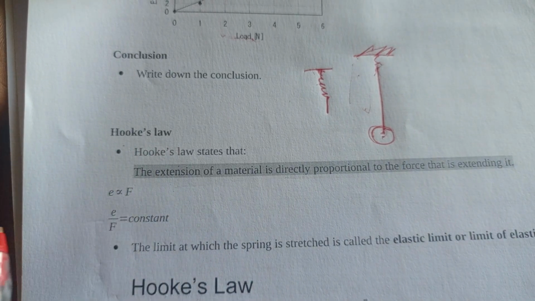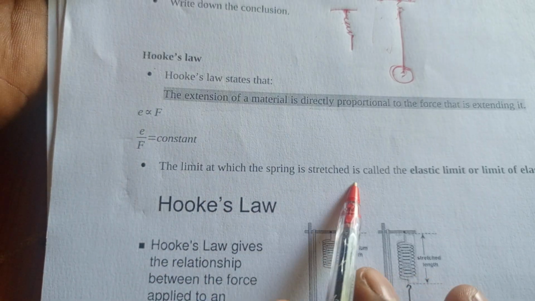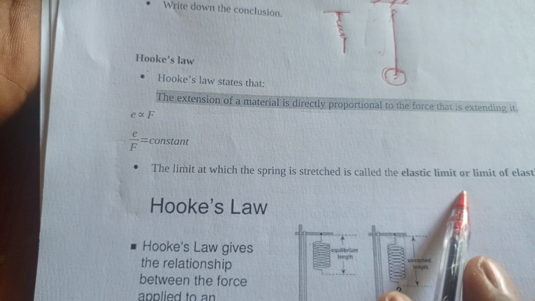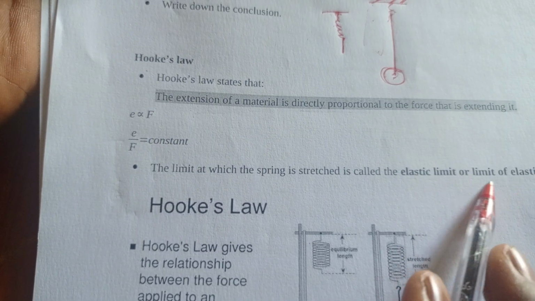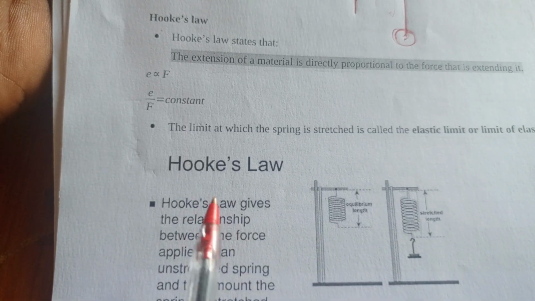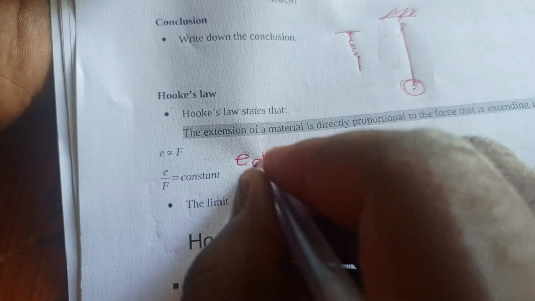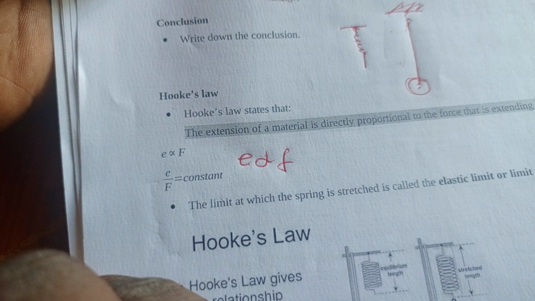So this Hooke's law, you need to know it, and the limit at which the spring is stretched is called the elastic limit or limit of elasticity. So pay attention to these things. Apart from that, we're saying that extension is directly proportional to the force, provided the elastic limit is not reached.